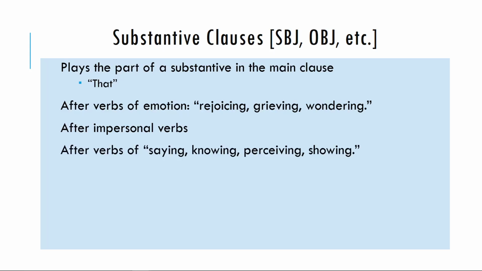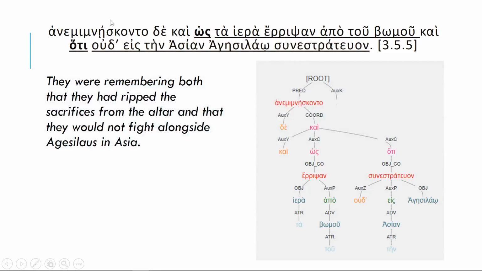So here we have a case of they remembered. They were remembering. What are they remembering? Well, here the author has been so kind as to give us two different kinds of subordinate clauses. They were remembering that they had ripped the offerings from the altar, and that they did not go to war in accompaniment with Agesilaus into Asia.